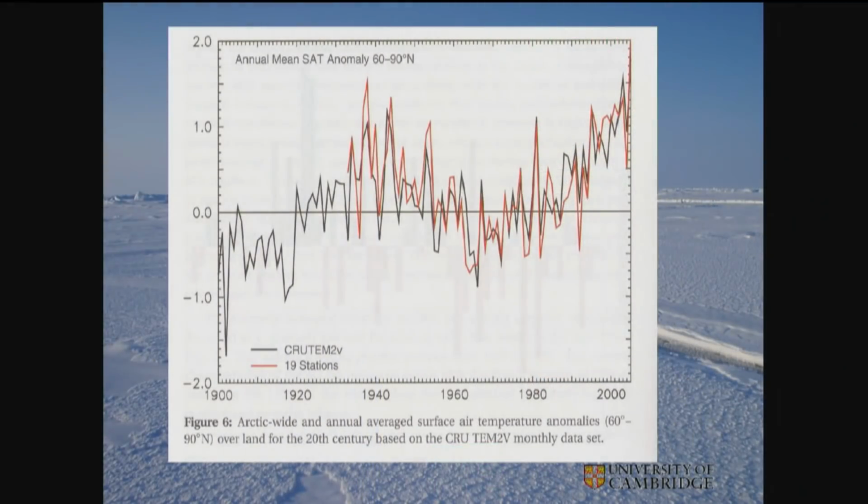Now, if we just look at the data from weather stations between 60 degrees north and the North Pole, then we see the same pattern: the world warmed up rapidly, it went back a little bit from 1940 to 1970, then it took off again. So we see the same shape, the same response in shape, but a different magnitude.